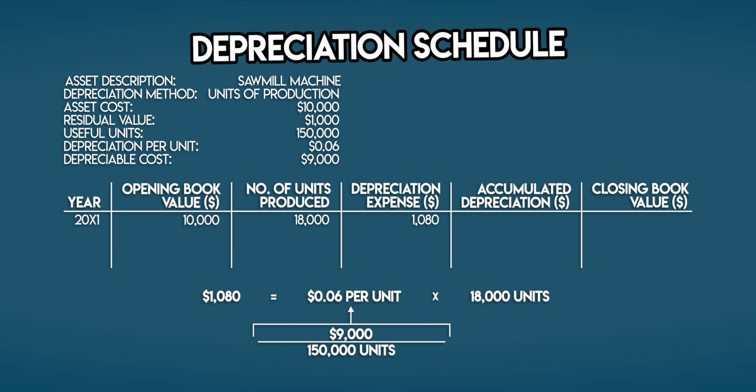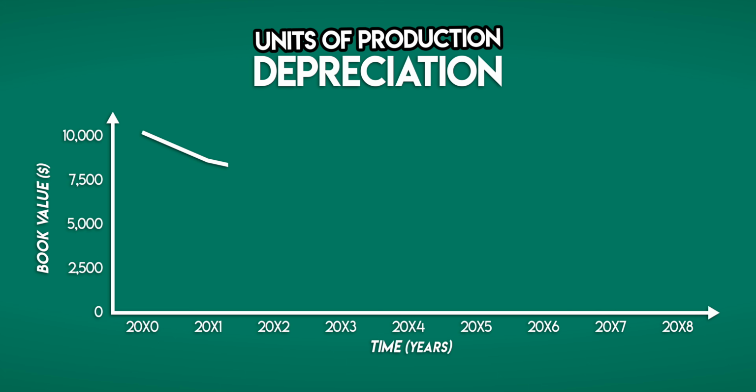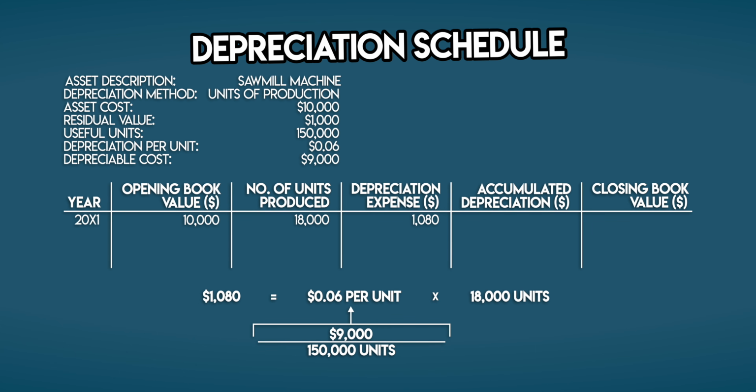Here's another thing to bear in mind. Your depreciation per unit is constant, but your number of units produced will change each year. So your depreciation expense under the units of production method is going to be a variable cost to your income statement. It's going to mirror your actual physical use of the asset. Accumulated depreciation is the cumulative total of all depreciation expenses incurred.